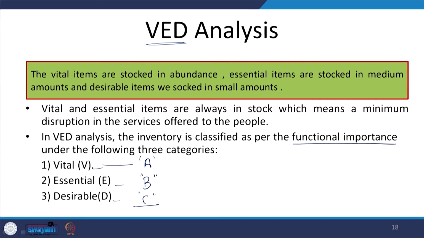But sometimes the functional utility is more important, and when the functional utility is more important, then VED analysis should be used. If all items cannot be classified on a monetary basis, then functional importance becomes a very important way of classifying inventory items, and VED analysis takes care of this functional importance of items.